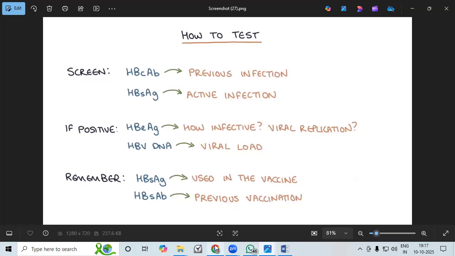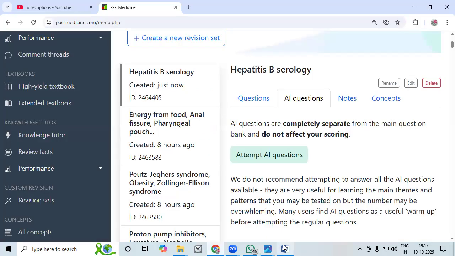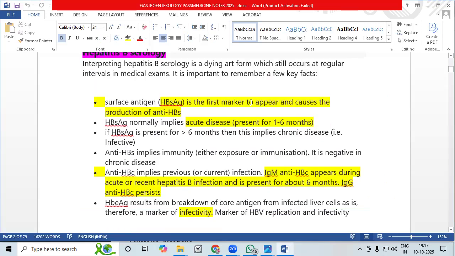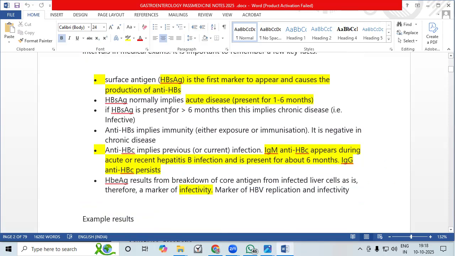Then, if you're talking in the past medicine, the notes which are given, surface antigen is the first marker to appear and causes the production of anti-HBs antibody, right? HBs antigen normally implies acute disease present for 1 to 6 months. If it is present for more than 6 months, this implies chronic disease.